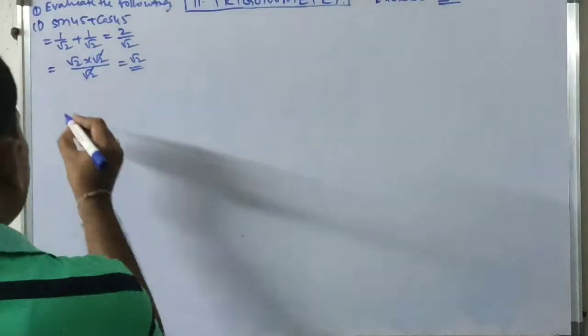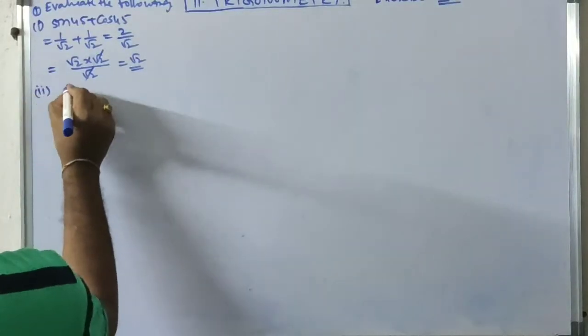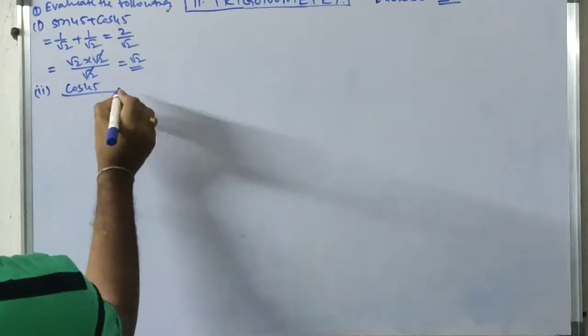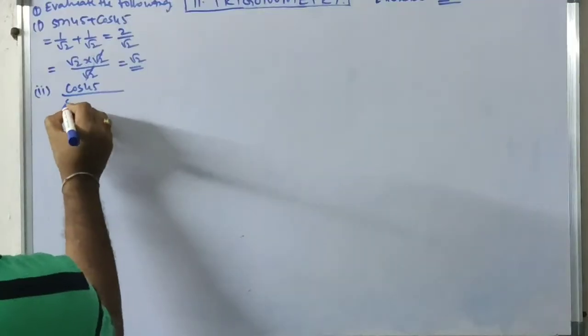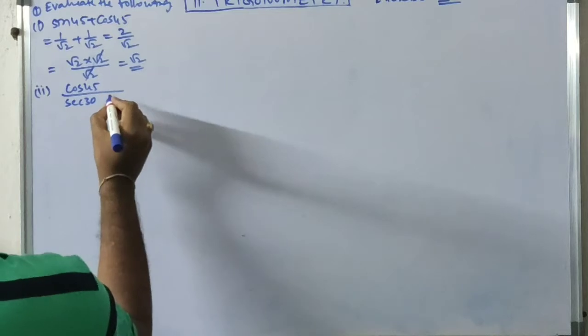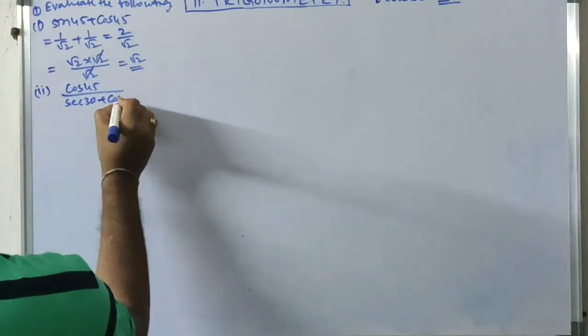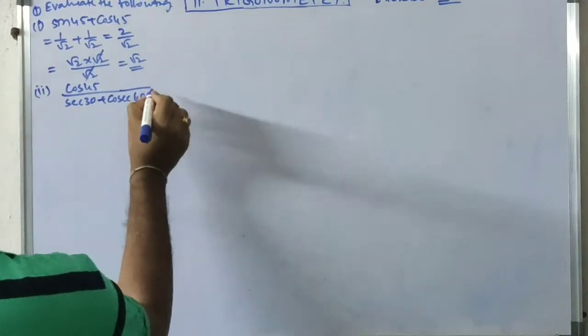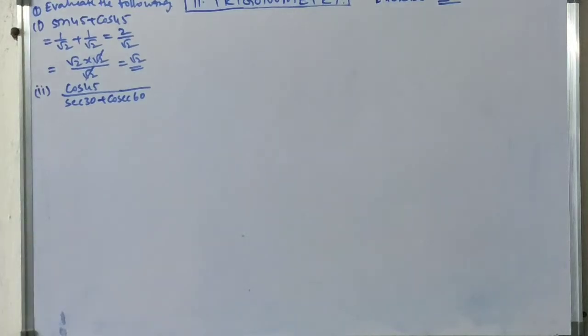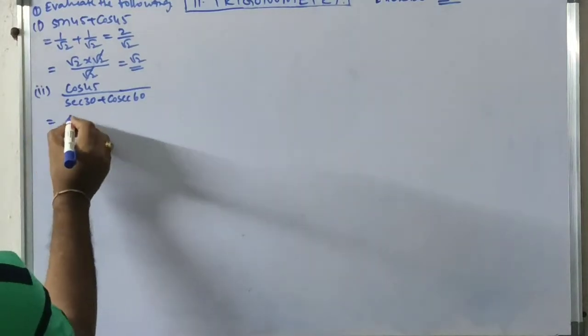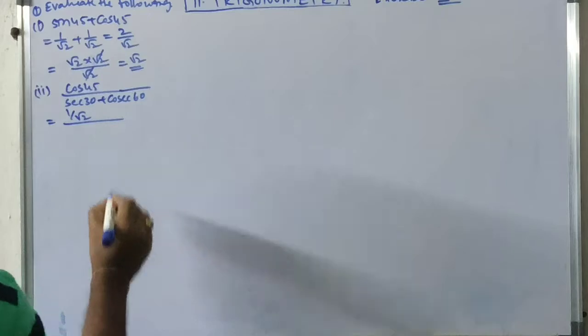Second: cos 45 by sec 30 plus cosec 60. Cos 45 value is equal to 1 by root 2.